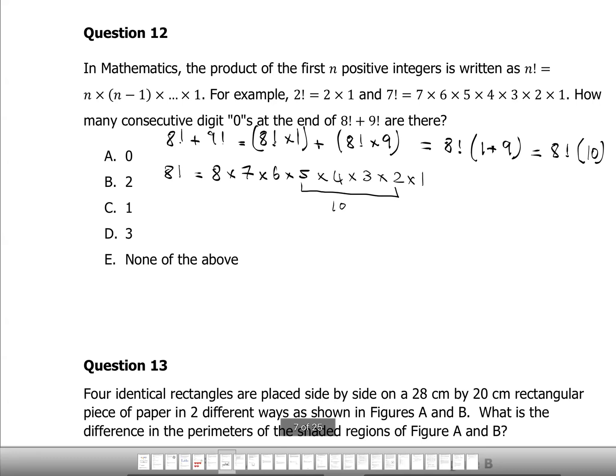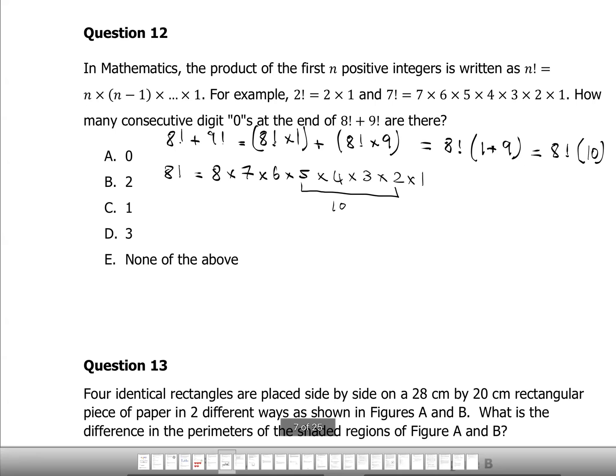This is the only pair that makes 10. And if a number is multiplied by 10, obviously there's going to be a 0 at the very end of that product. Similarly, if it is multiplied by 10 two times, there are going to be 2 zeros at the end.